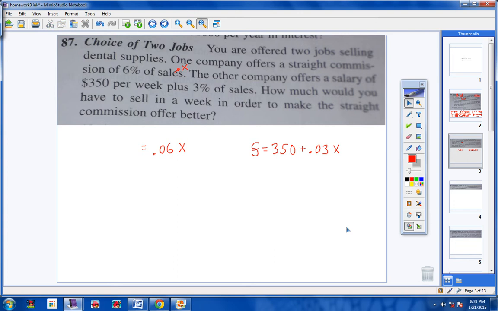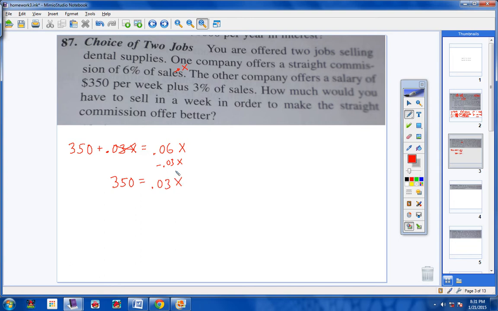So get rid of your S. S equals this, so I'm going to put this over here for S. And now I'm going to solve for x. Okay, so here we go. Bringing my 0.03x over, I'm left with 350 equals, becomes a negative 0.03x when I bring it over, equals 0.03x.